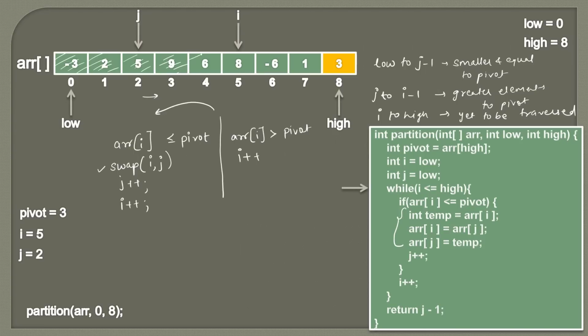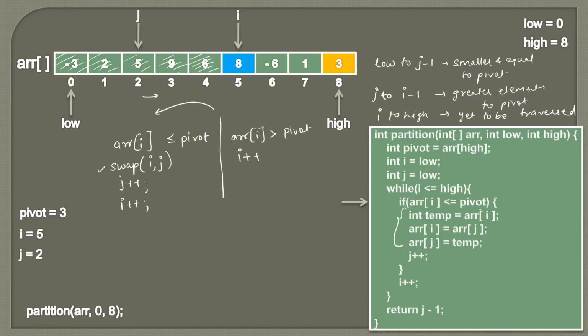Now this element also got into the range of greater elements because from j to i-1 we have the greater elements to pivot. i is still less than high. So this condition is true. So the while loop will execute. Now array of i, which is 8, is greater than pivot. So this condition is true.